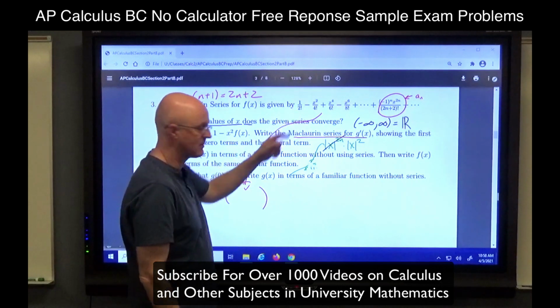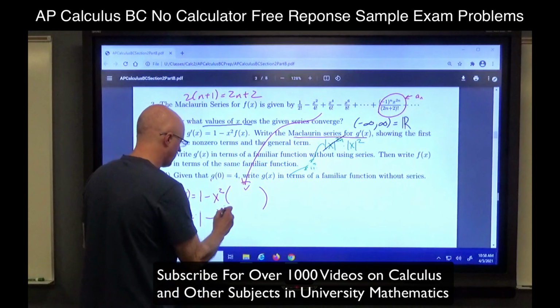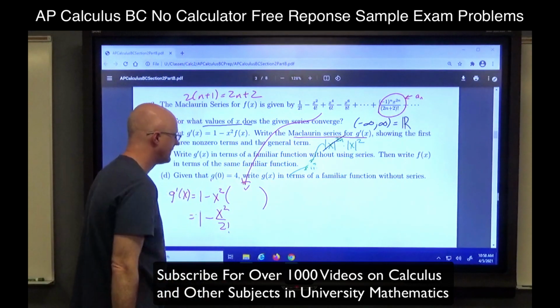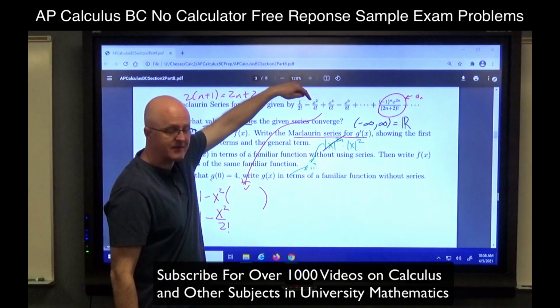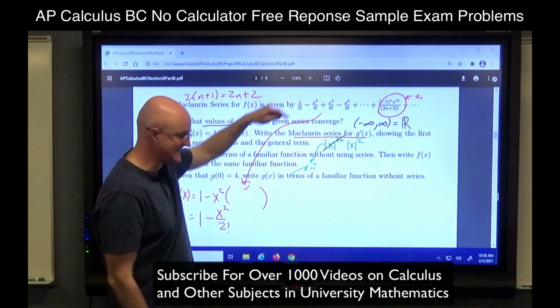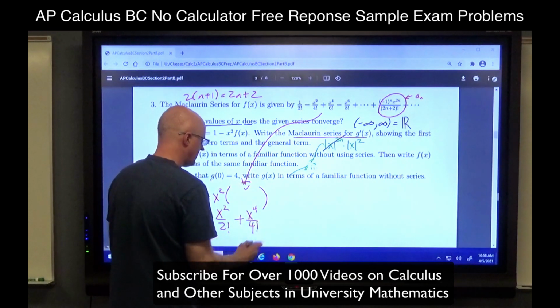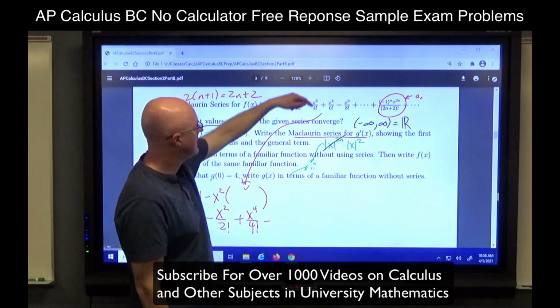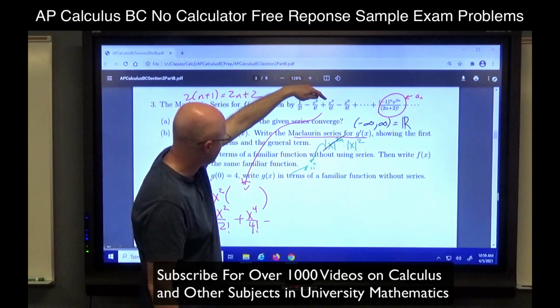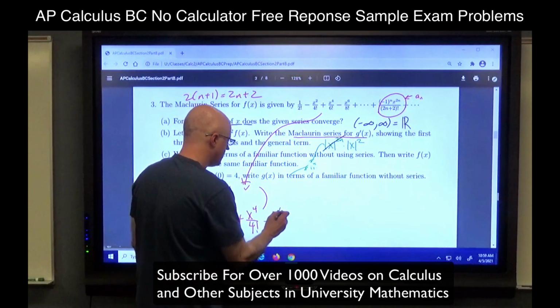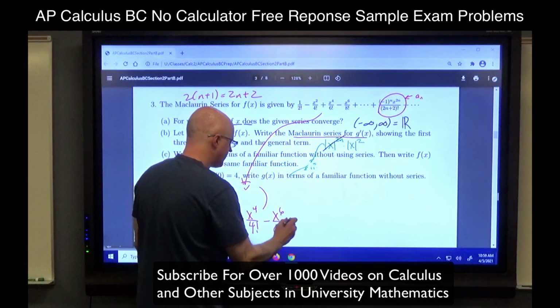This times negative x squared is minus x squared over 2 factorial. This term times negative x squared is plus x to the 4th over 4 factorial. This one times negative x squared is minus x to the 6th over 6 factorial. And this should look familiar.